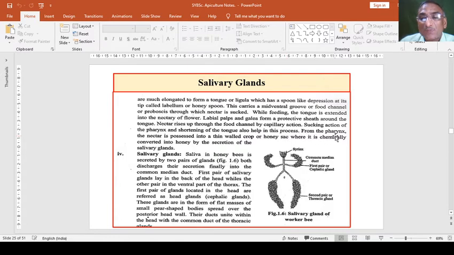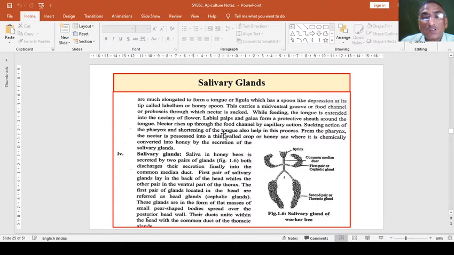And from the pharynx, the nectar is passed into a thin-walled crop or honey sac. The crop works as an organ where honey is prepared, or we can say the honey sac is there, where it is chemically converted into honey by the secretion of the salivary glands.